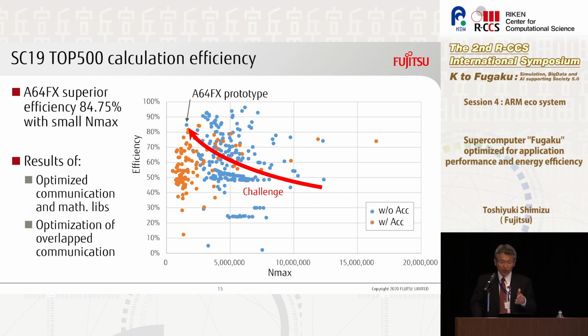However, we can achieve good efficiency, like 84.75% with small data. This is because of optimized communication and math libraries and overall overlap of the calculation and communication.